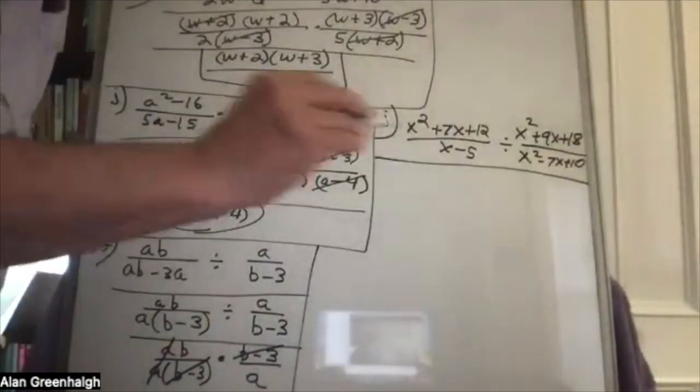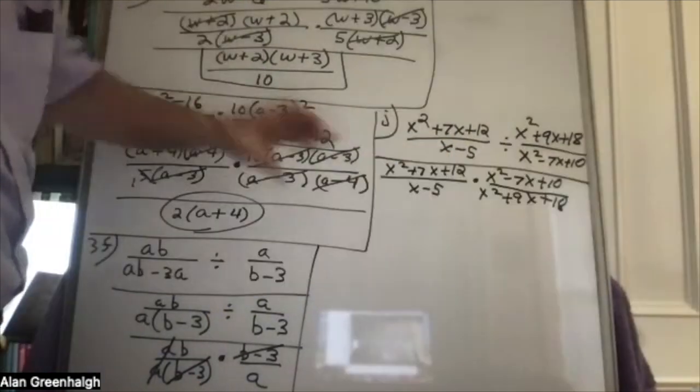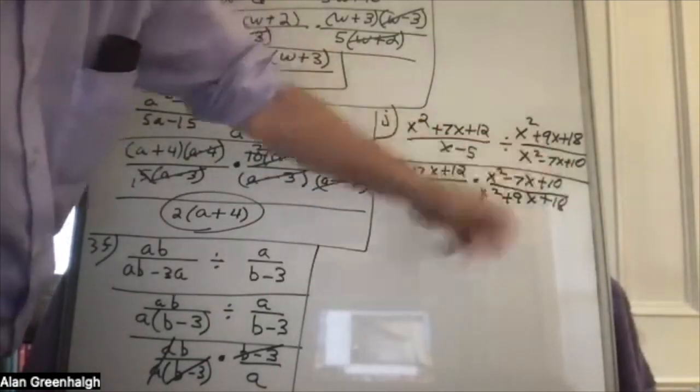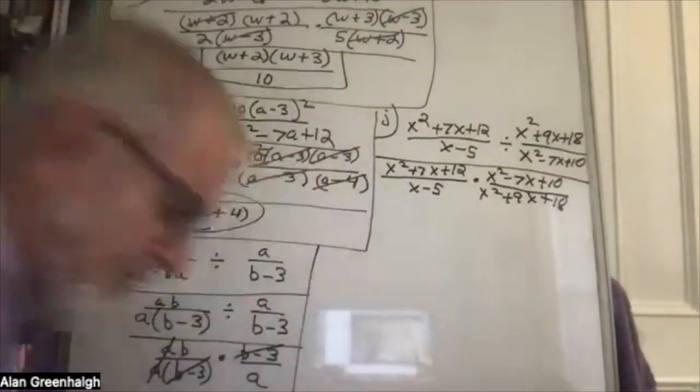This time, let's get rid of the division immediately. So let's rewrite the first fraction. All I did was flip over the second fraction. And now you just have to factor all this stuff.